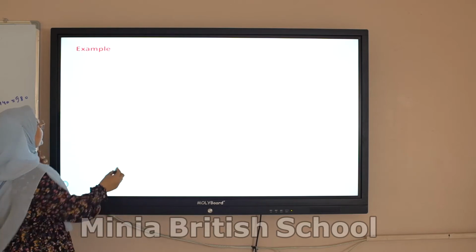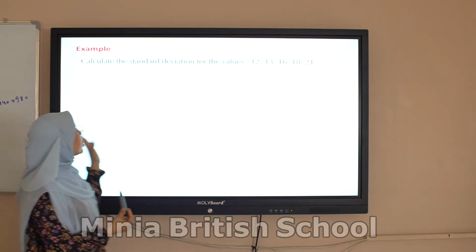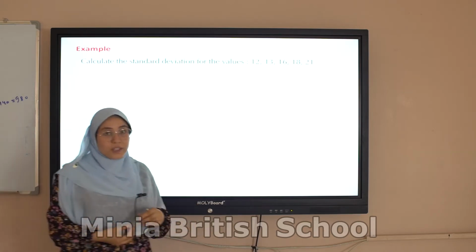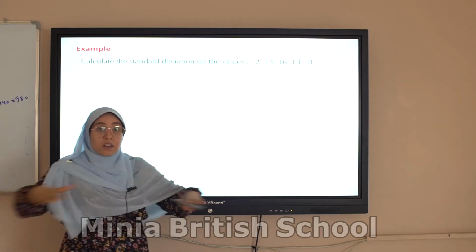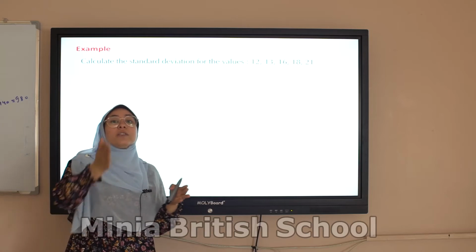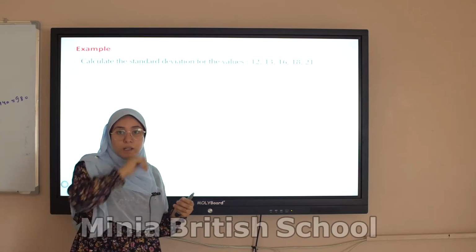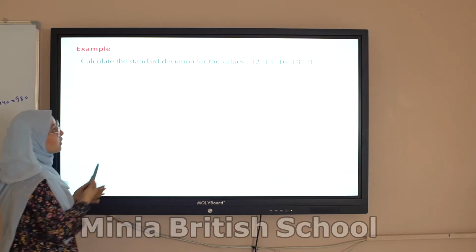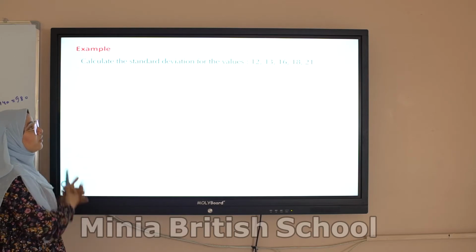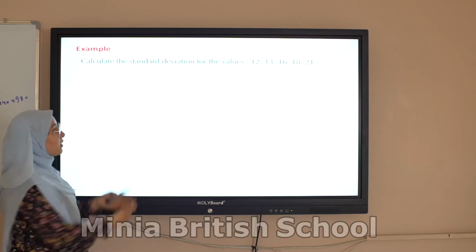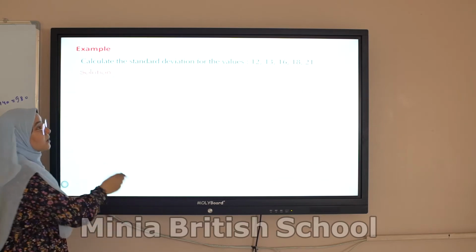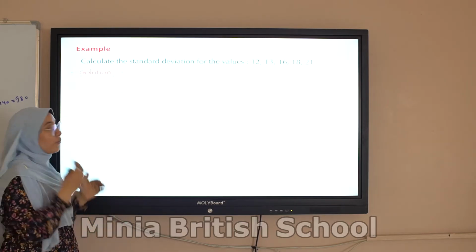For example, calculate the standard deviation for the values 12, 13, 16, 18, 21. Here the values are individual values, so I must first calculate the mean. The mean equals the sum of values divided by the number of values.